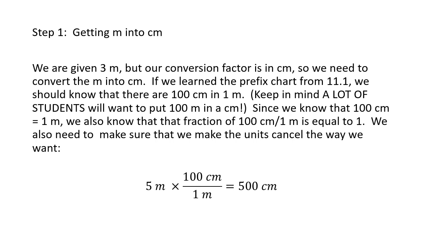With a lot of students, you may find it helpful to put this over 1 and make this a fraction. And the reason being, then this meter and this meter, these 2 units, are more obviously numerator and denominator, and then we can see that they'll cancel. If we don't put this first value over 1 and make it into a fraction, it might be a little harder for some students to see.